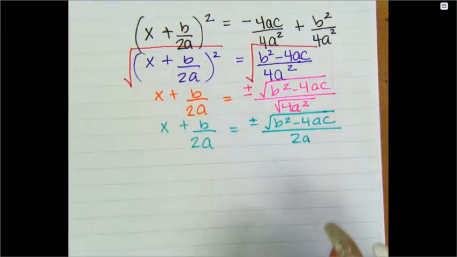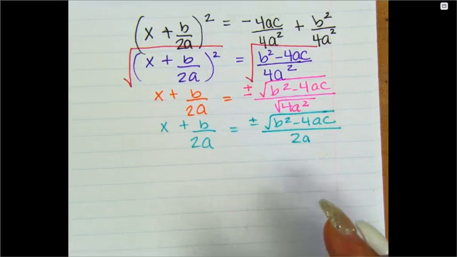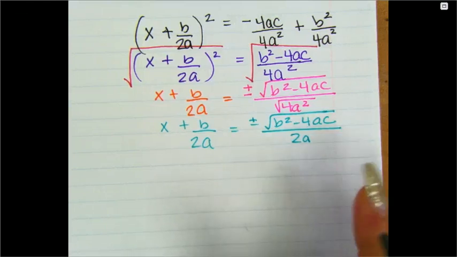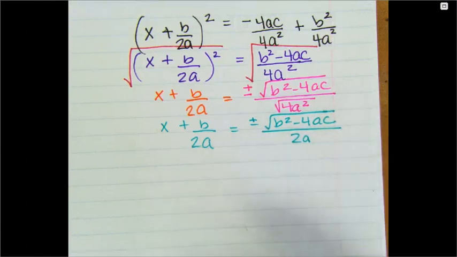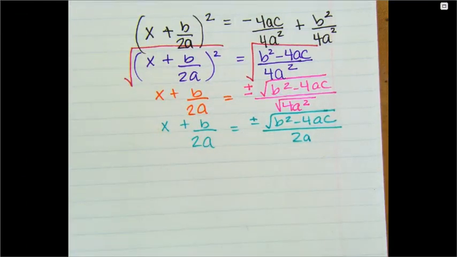Now, this whole process is to get us x equals, right? Because it was equal to 0. And normally we'd factor and get x equals 4 and x equals 5, or whatever the case was. Now we don't know how to do that, so we're still stuck with x. We need to get x by itself. In order to get x by itself, what do you move? b over 2a. What's the inverse operation to move it to the other side?